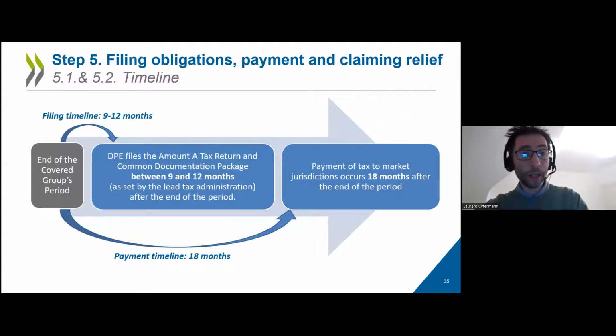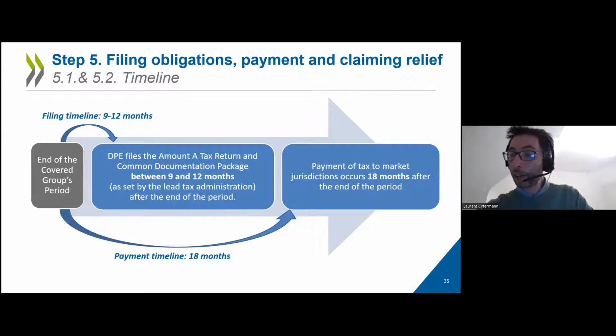So that's the filing deadline. And then you have the payment deadline, which in case of streamlined compliance, which is the most frequent instance, is 18 months after the end of the period.